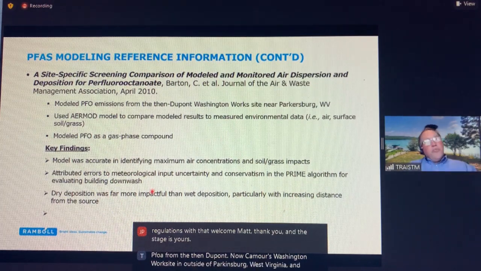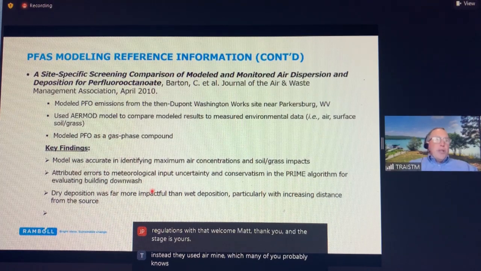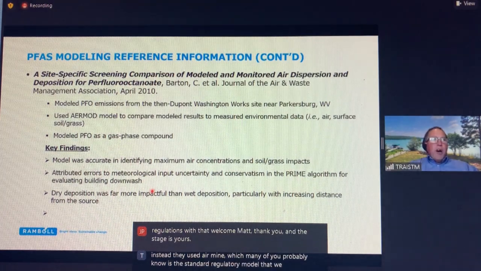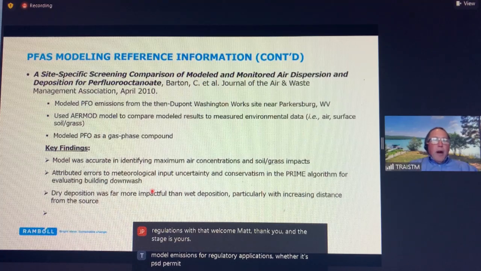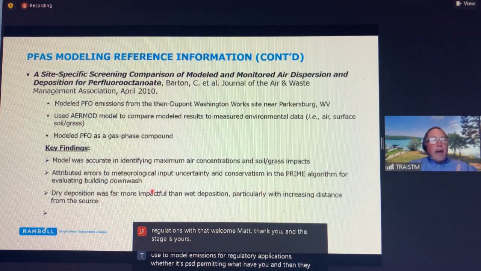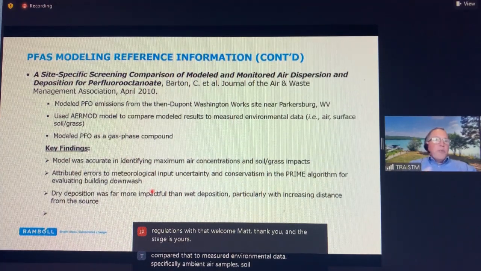And instead, they used AERMOD, which many of you probably know is the standard regulatory model that we use to model emissions for regulatory applications, whether it's PSD permitting, what have you. And then they compared that to measured environmental data, specifically ambient air samples, and soil and grass samples that were collected in the neighborhood.